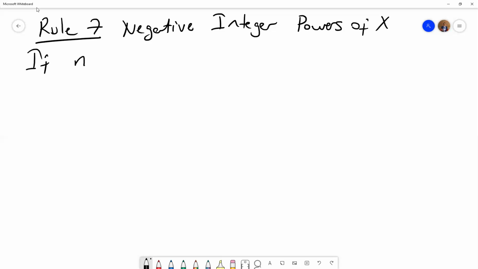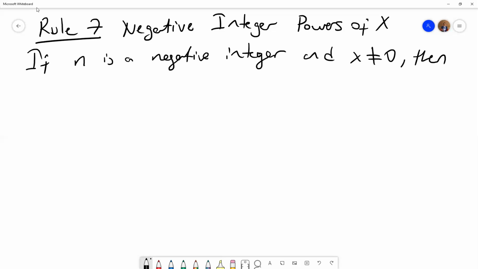Let's say n is a negative integer and x is different from 0. Then d over dx of x to the power n is equal to n multiplied by x to the n minus 1.